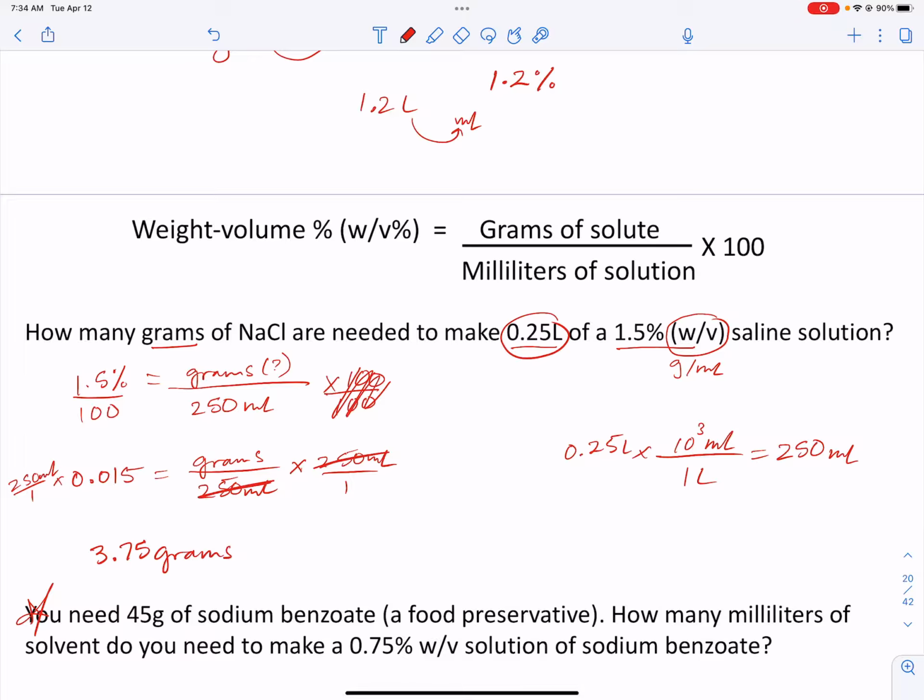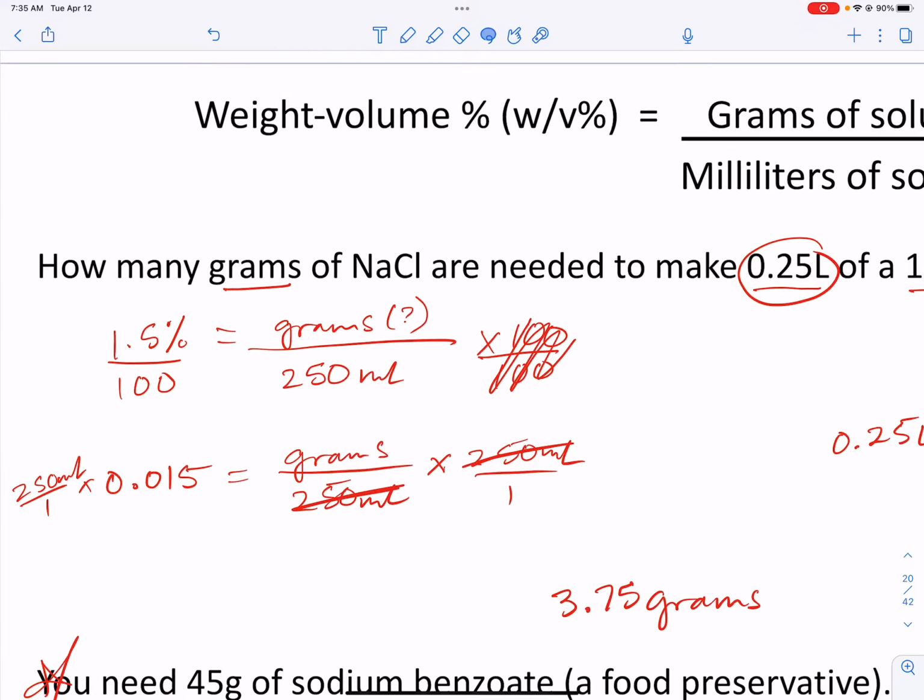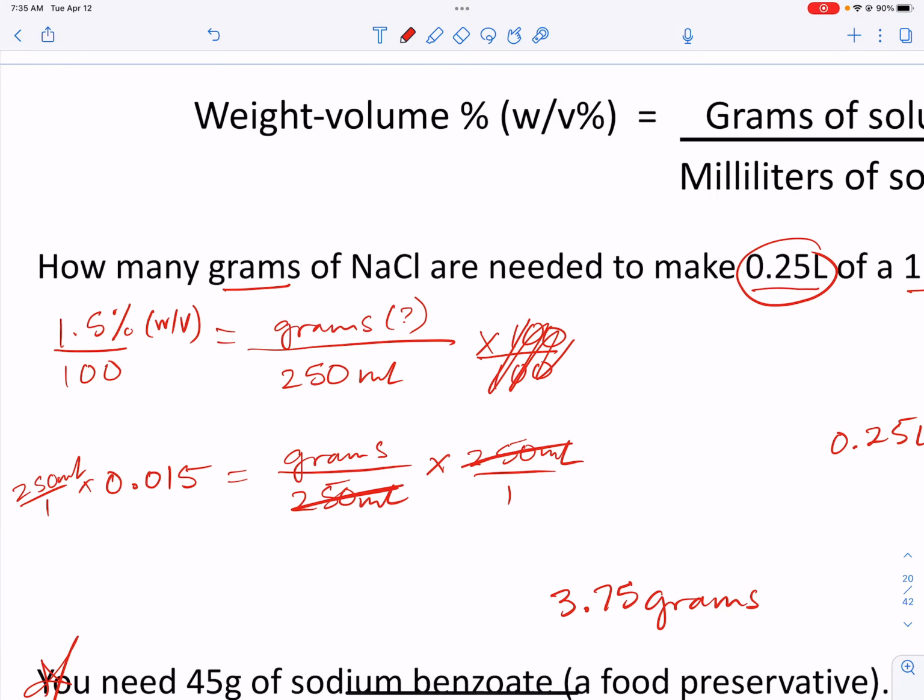Now again, you might be wondering, how do these units work out? I just want to reiterate, because you're not seeing everything with this percent. This is a weight volume percent, and we could even write that in, which means it's a gram per milliliter percent.